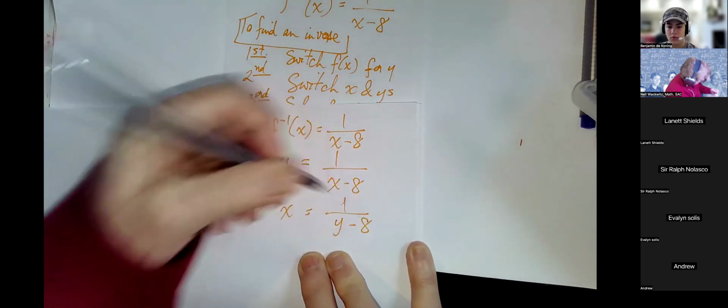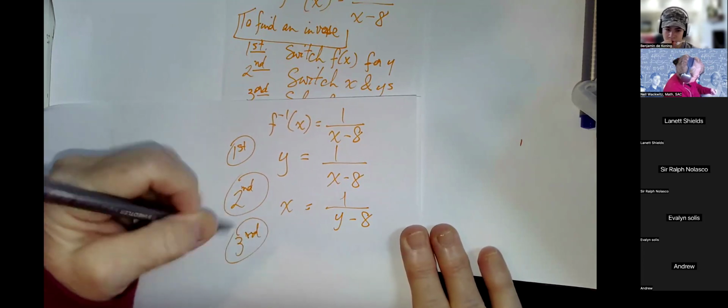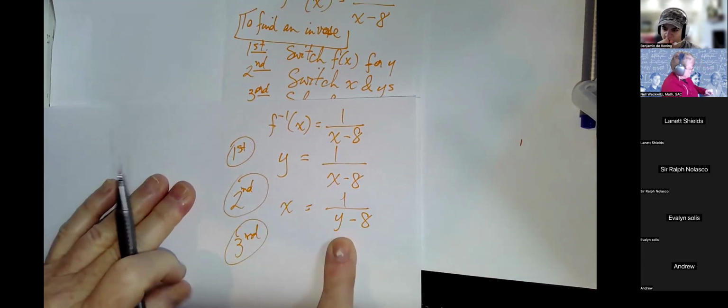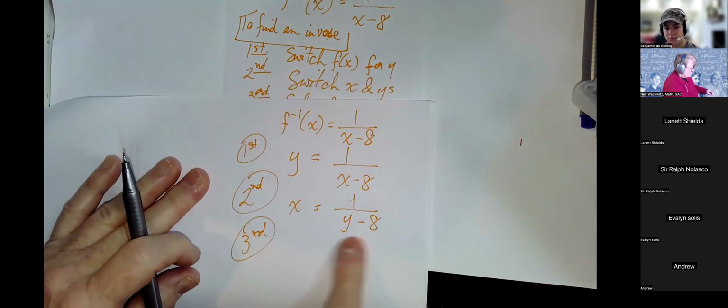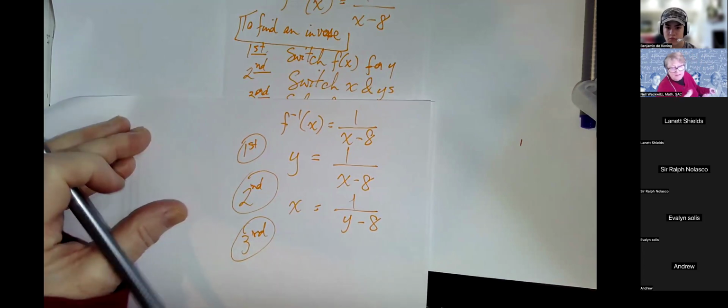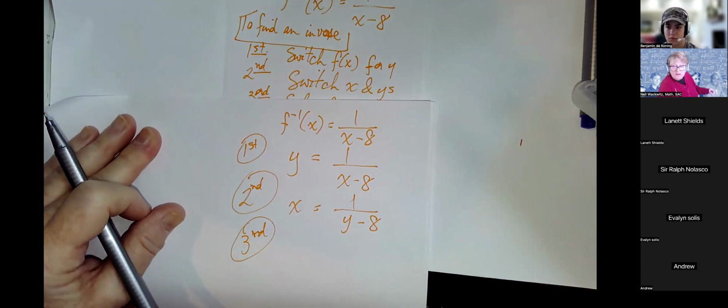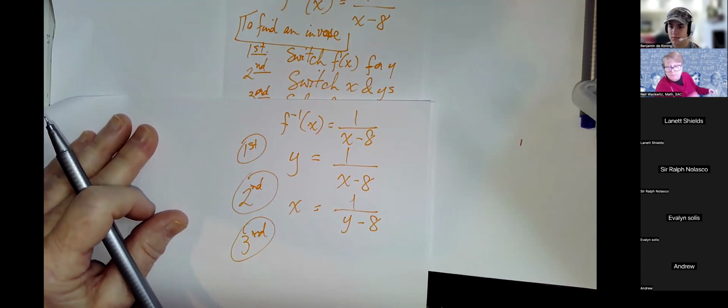Beautiful. Now the third step is to solve for the new y. And I put it in quotes here because it wasn't y before. So we want to solve for this y. Well, this is another little plug for doing extra algebra. How do you solve an equation where variables are in a denominator?